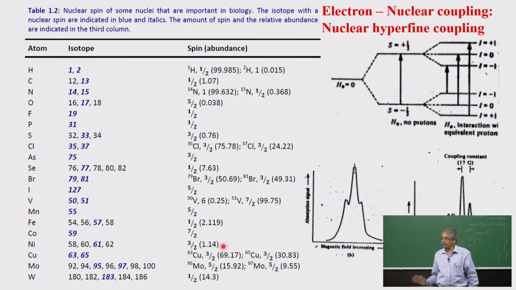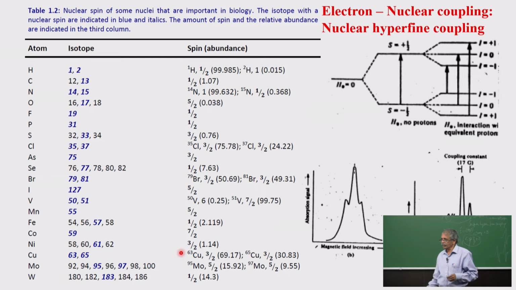In the case of nickel, a similar thing. If you cross 10%, nickel 61, again you can get it. That is why for most microorganisms, when they generate metalloenzymes, they feed the input of the iron salt as 57 labeled iron salt and nickel 61 labeled salt. Then the proteins developed in their body all utilize the 57 iron and 61 nickel, and that becomes 100%. Then you can get a very good EPR signal.